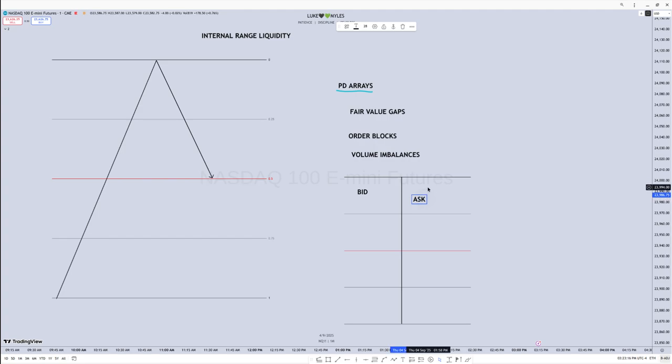Bid represents buyers, and ask represents sellers. It depends on who has the majority of the number of orders in the market. If the buyers have the majority of the orders, then the market will follow the direction of the buyers. If it is the sellers, then it's also that way.